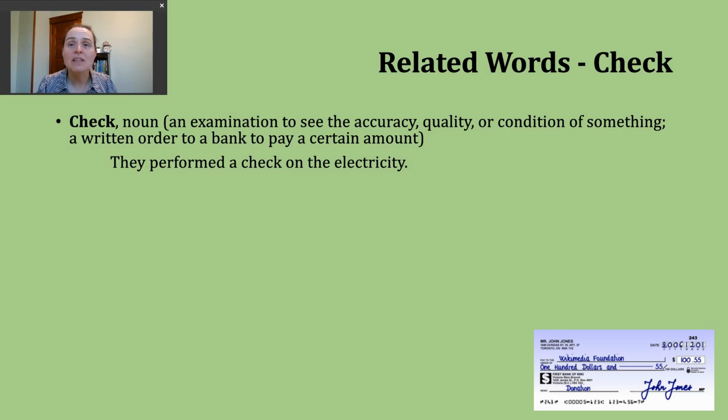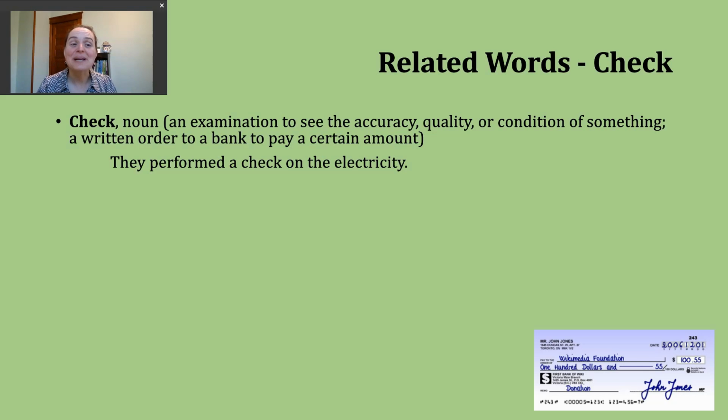So, an example of this might be, they performed a check on the electricity. So, maybe I had some maintenance workers in my apartment, right? Looking at kind of the quality or condition. Are things working okay in this space?